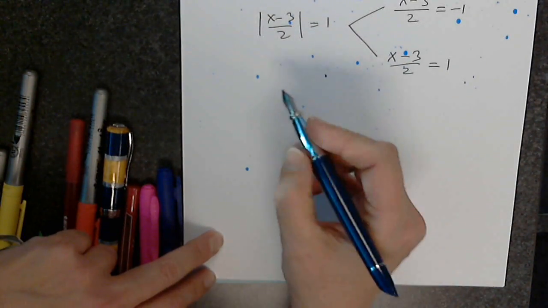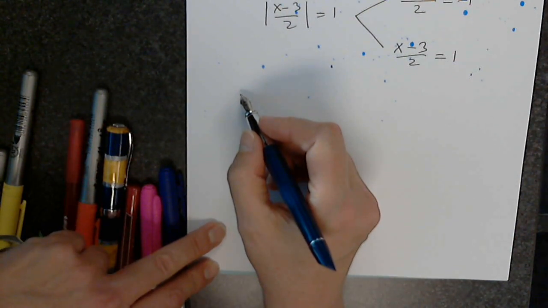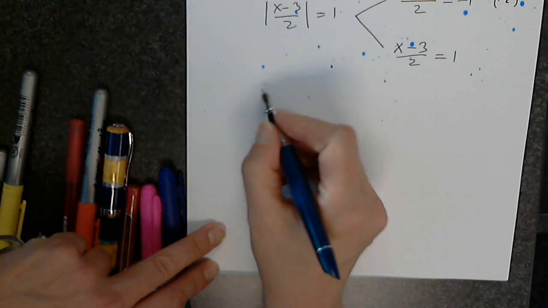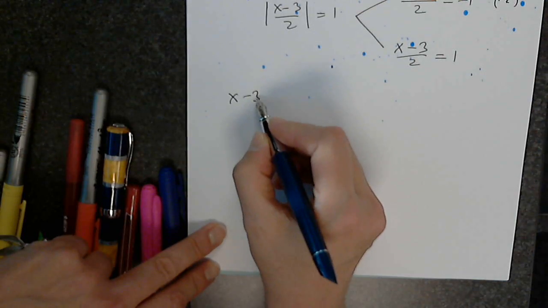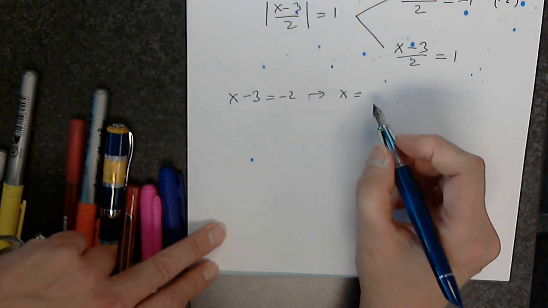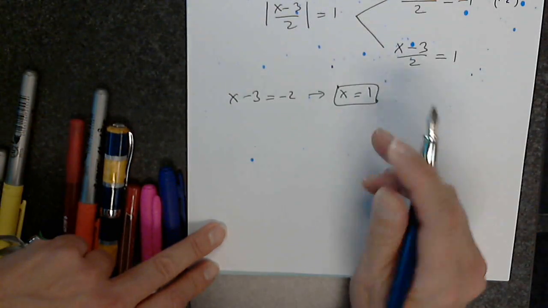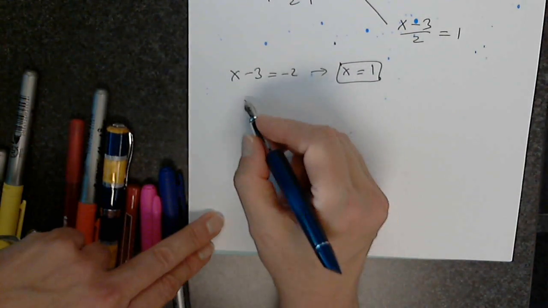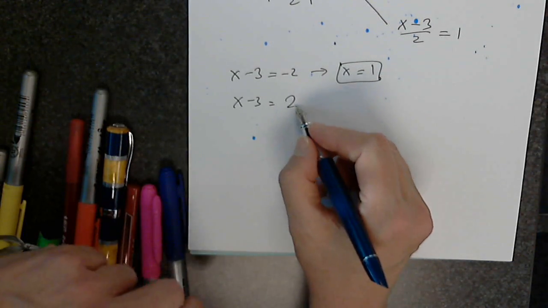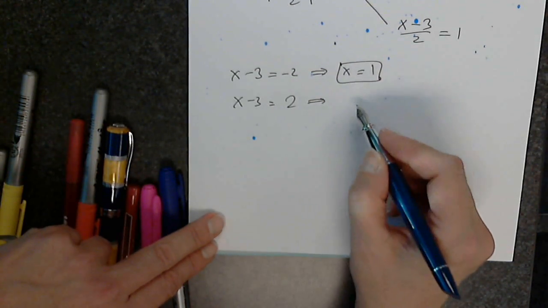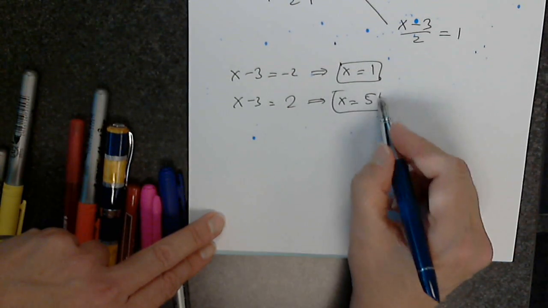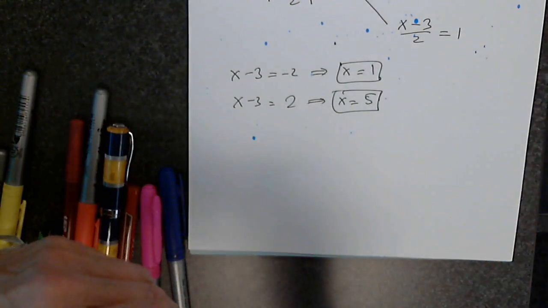You would like to start with one of the equations, so you multiply it by 2. Very good. Here I multiply both sides by 2. What do I have to write? x minus 3 equals -2. Good. And then from here, x equals? 1. Perfect. Excellent. From the second equation, I have x minus 3 equals 2. And from here, x equals? 5. Perfect. So these are the two solutions.